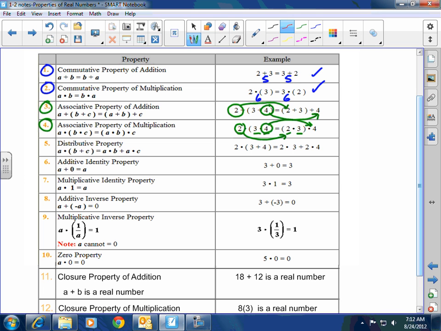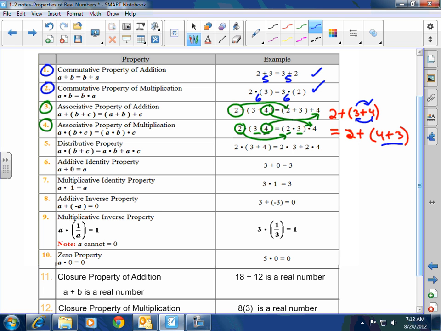A lot of times kids are tricked with situations such as 2 plus (3 plus 4) equals 2 plus (4 plus 3). Well, in this case, if you really look at it, did I take anything out of the parentheses? No. All I did was switch the 3 and the 4.